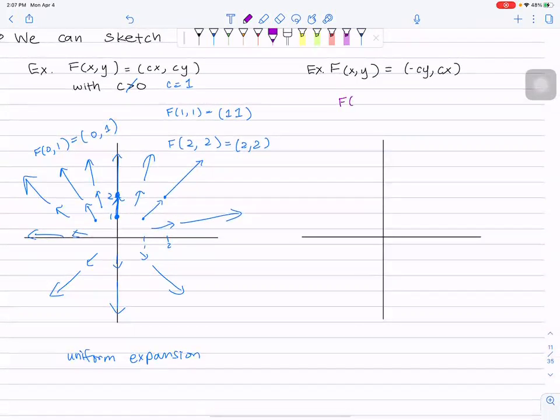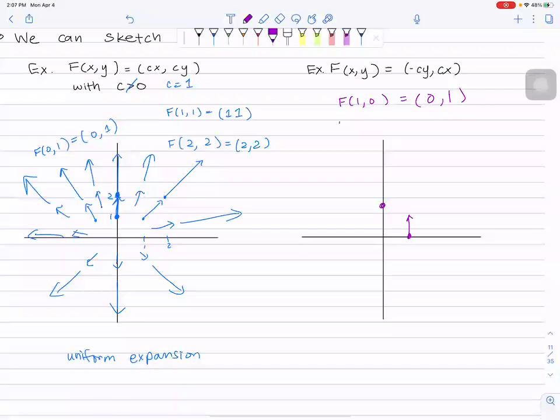So for example, f of 1, 0, where c is 1, you'd get... wait, sorry. This is cy, so this is 0, and this would be 1. So at the point 1, 0, you have a vector that goes 0 in the x direction, 1 in the y direction.